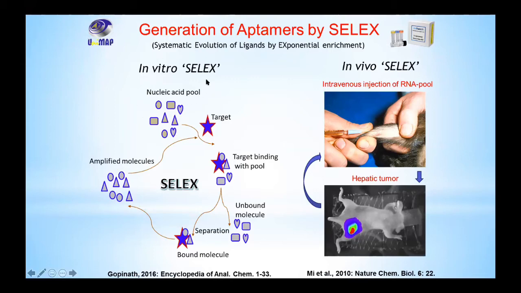So in in vitro selection, a pool of nucleic acid is put into the system together with certain target molecule. And the system should allow the nucleic acid to form a selective aptamer based on the target analyte, followed by separation, and the aptamer can be amplified.